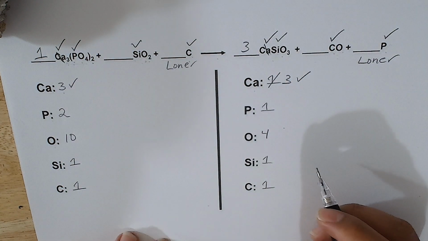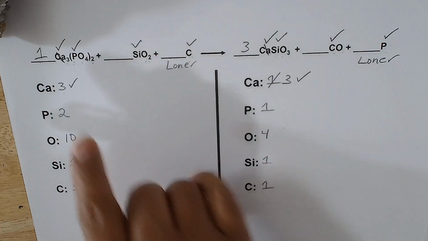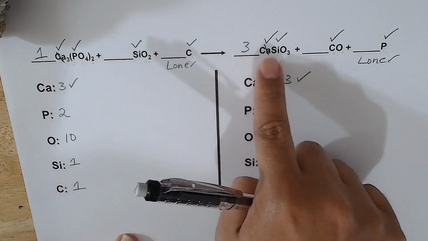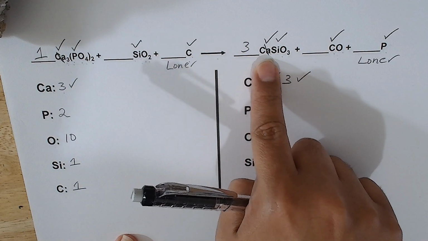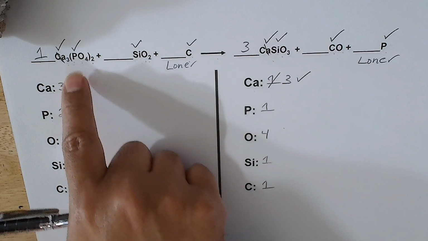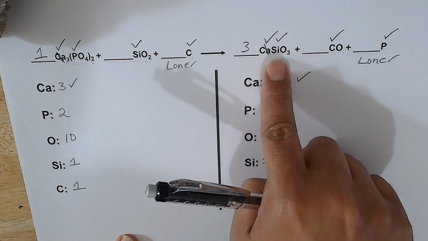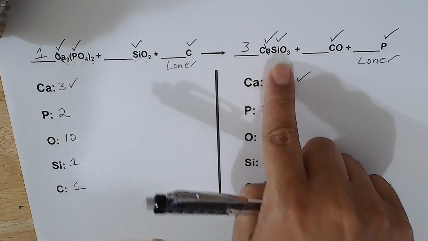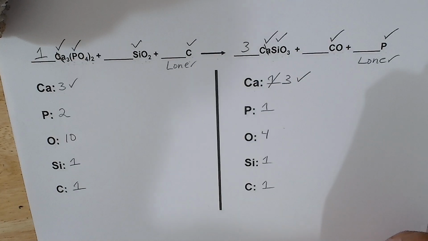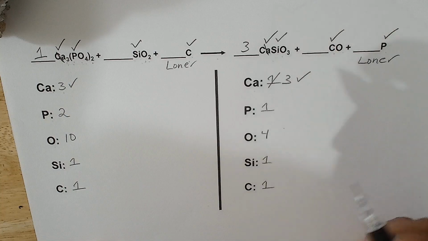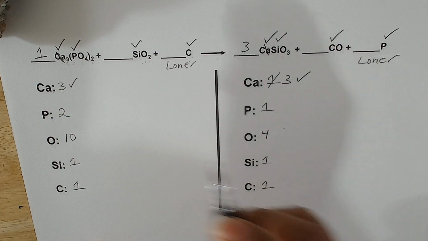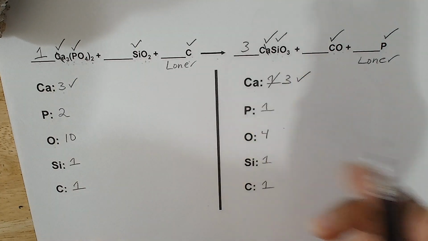Now the question is, where do we start? Do we start with calcium phosphate or do we start with calcium silicate? Meaning, do I continue the process with calcium phosphate or with calcium silicate? And the answer to that is by answering the following question. Which of the 2 compounds produces the biggest change after adding the coefficient?